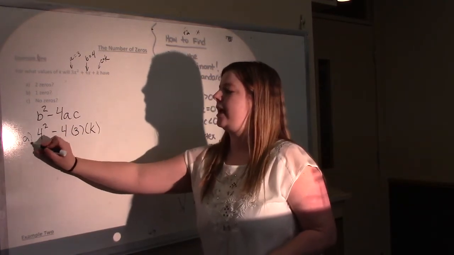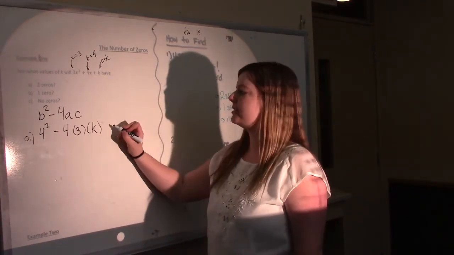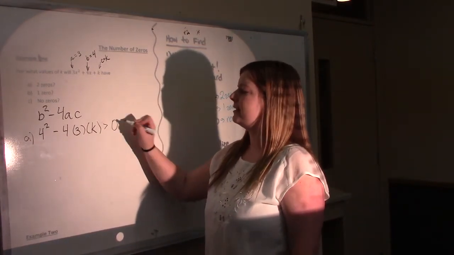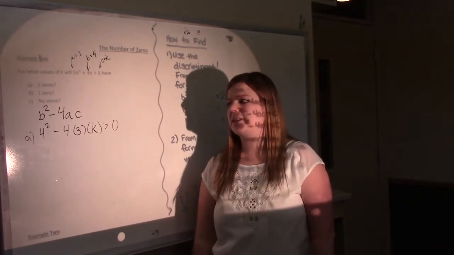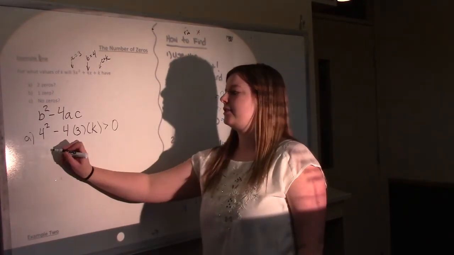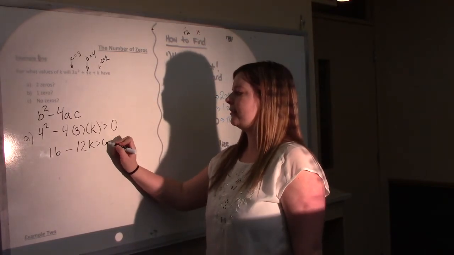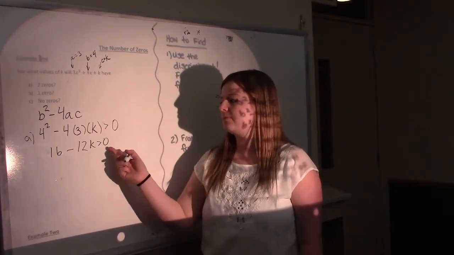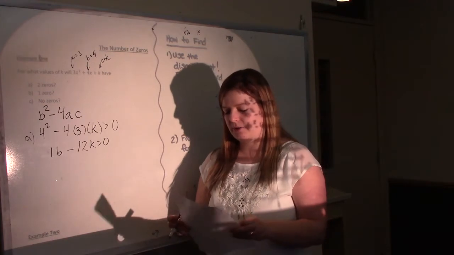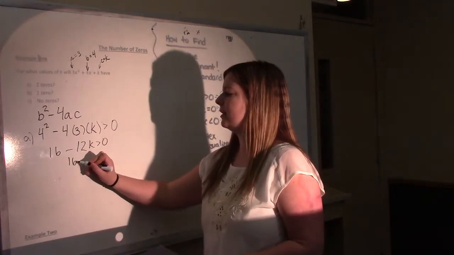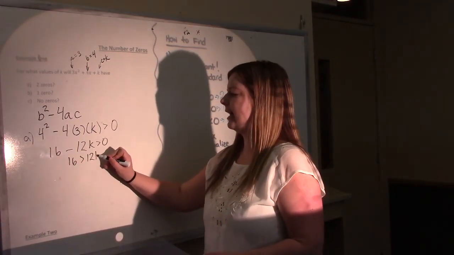Let's do part A here. For there to be 2 zeros, this would have to be greater than 0. So we just have to solve this inequality. This turns into 16 minus 12k is greater than 0. You can just move this to the other side just as you would with an equality. So 16 is greater than 12k.